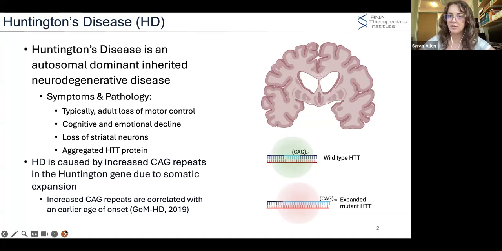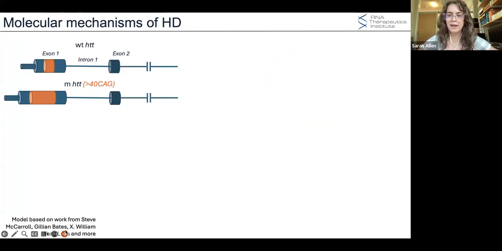So just to go over the molecular basis of disease a little further, generally people with Huntington's disease inherit one wild type allele of the Huntingtin gene, with fewer than 40 CAG repeats, and one mutant allele of the Huntingtin gene, with greater than 40 CAG repeats.